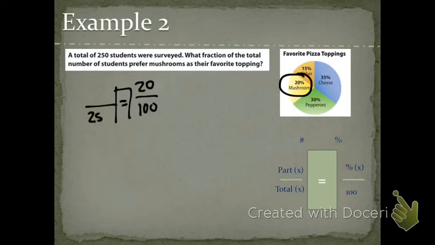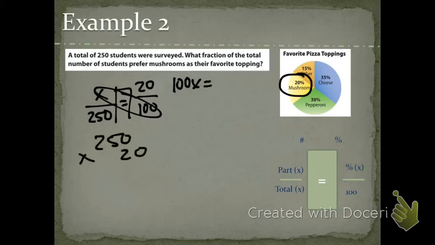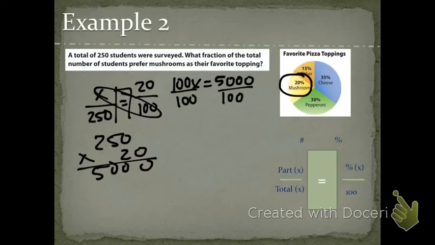Our total is 250. So cross multiply. 250 times 20. Okay, so we get 5,000. Divide by 100. Let's get rid of our zeros. So we get x is equal to 50.